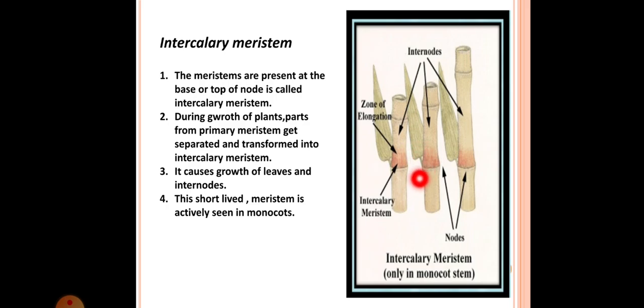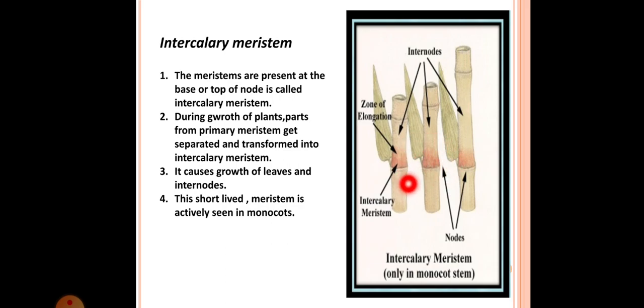During growth of the plant, parts from the primary meristem get separated, and the intercalary meristem is formed. It causes growth of leaves and internodes.